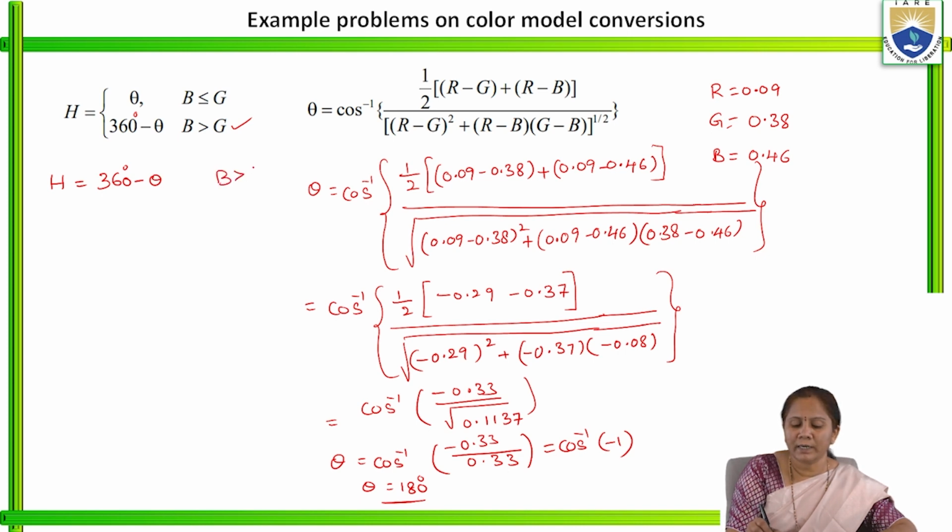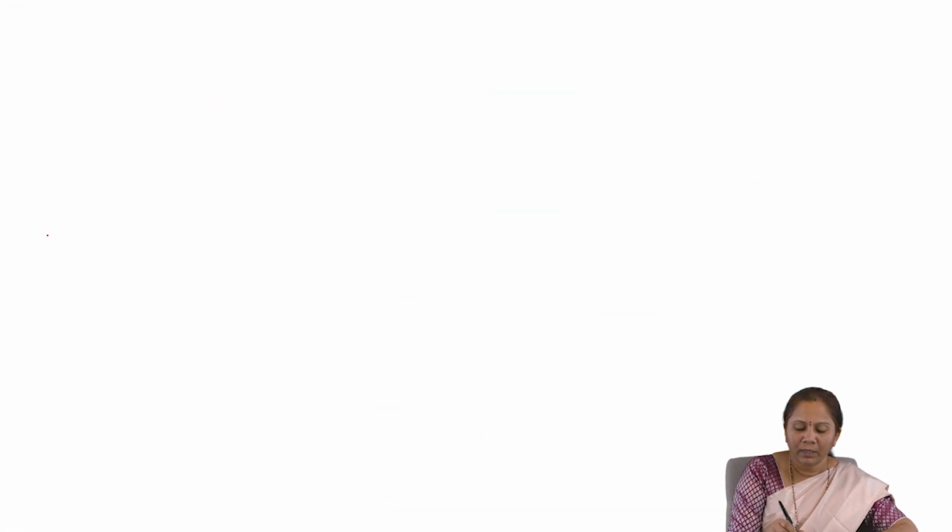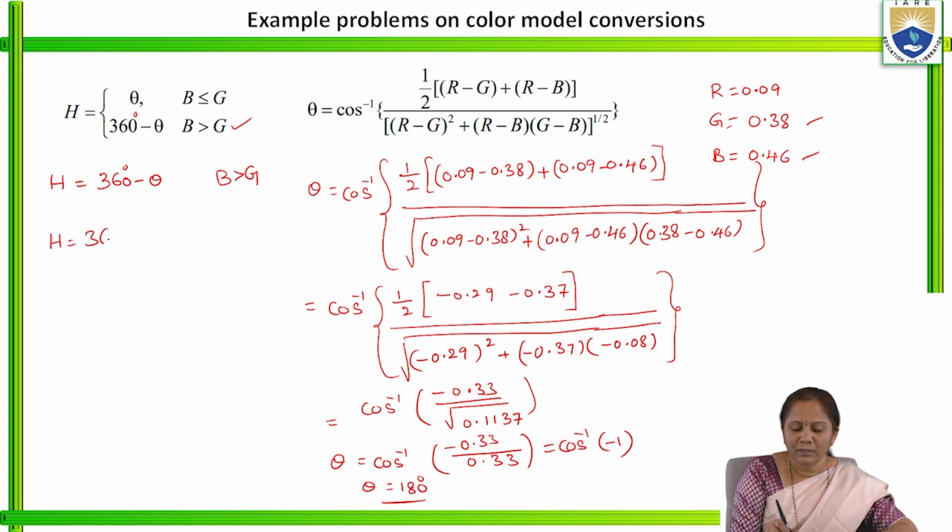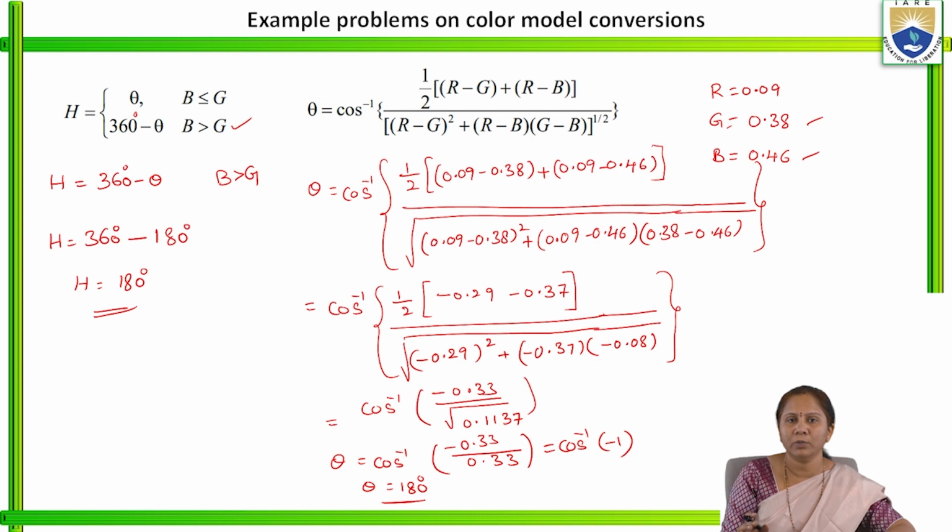So the value of H will be 360 degrees minus 180 degrees, which is 180 degrees. So that is finding the first component H, and it needs to be converted to HSI.